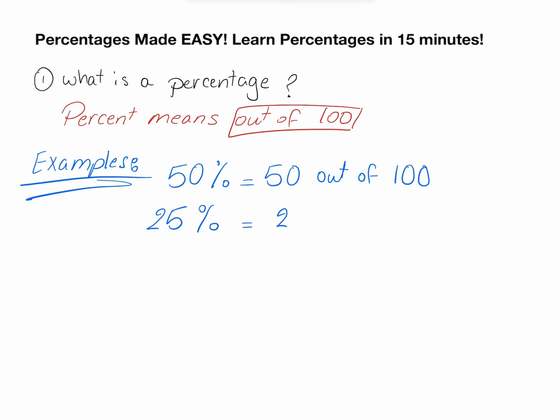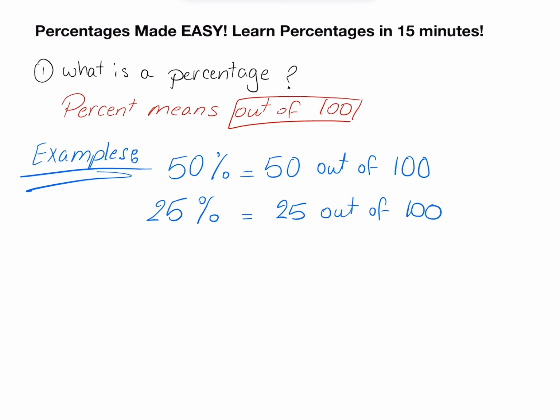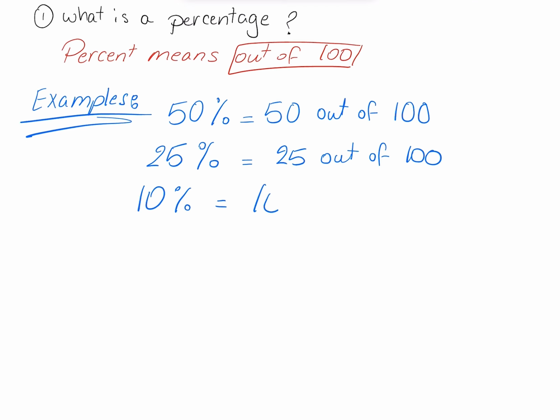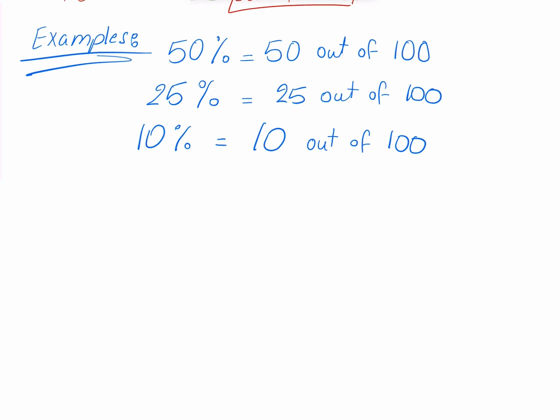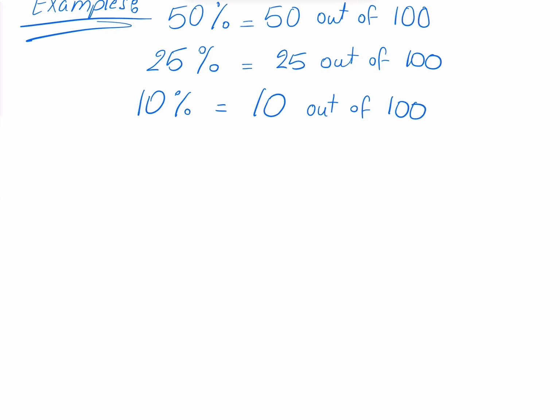It means 25 out of 100. What about 10%? It means 10 out of 100. Good job. So, we need to know that 50% is half. Always remember 50%, what does it mean? It means half.